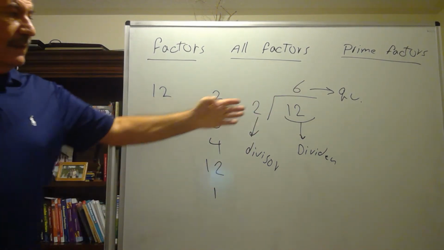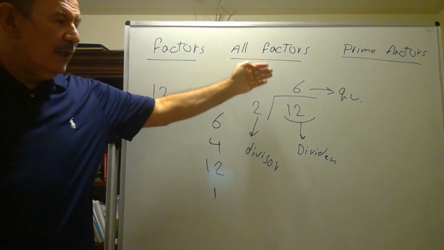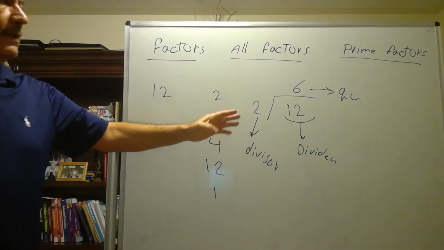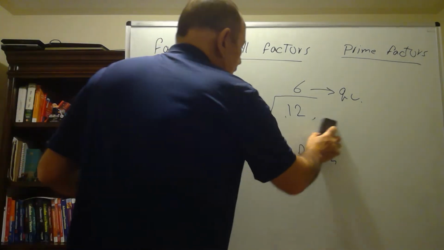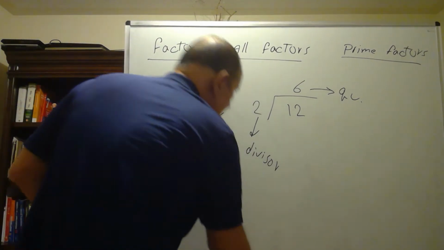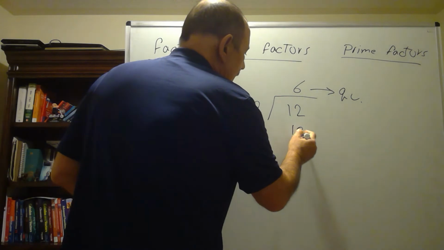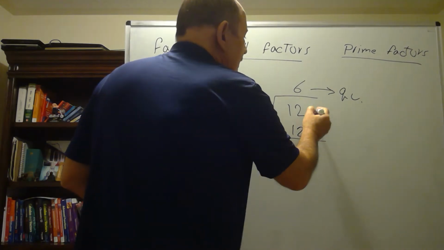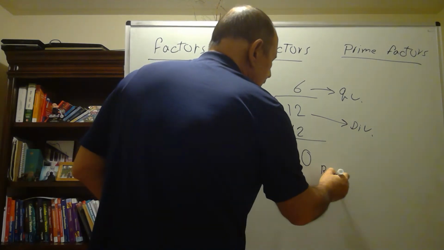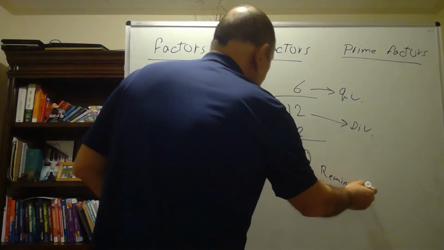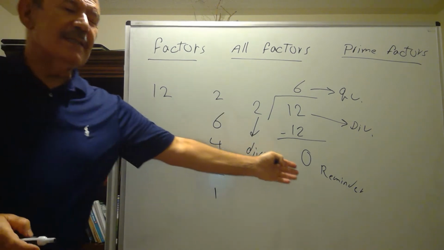So all the divisors with 0 remainder. 12 divided by 2 is 6, 6 times 2 is 12, and the remainder is 0. So 2 is a divisor with 0 remainder.